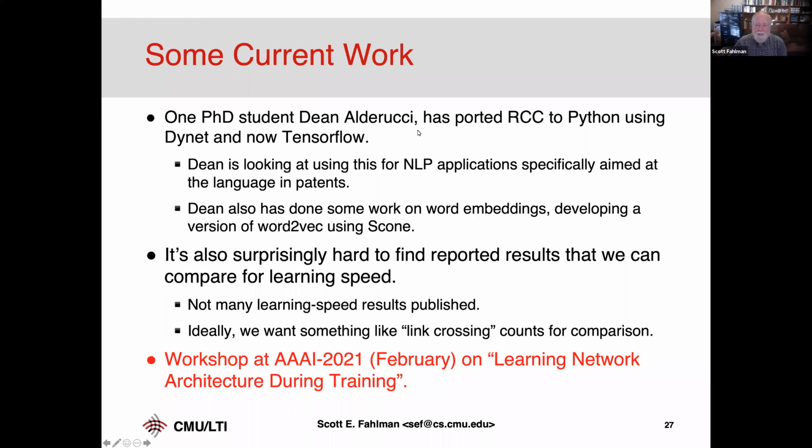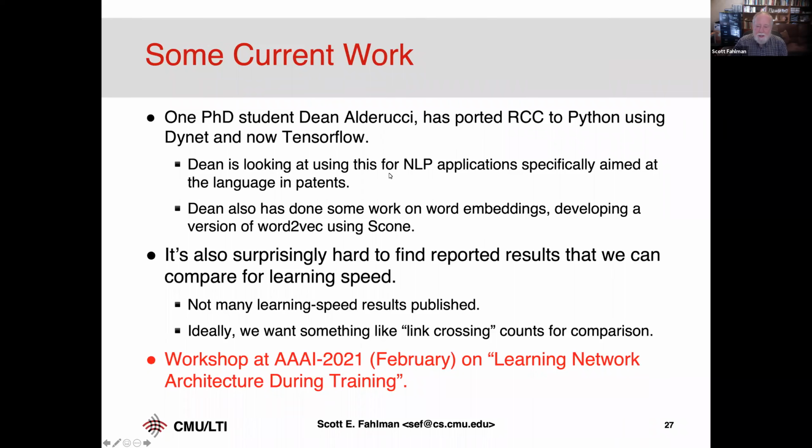I've got one PhD student, Dean Alderucci, working with me. He's ported recurrent cascade correlation to Python. He's got some code he shared with others. I don't know how eager he is to just make it available to everyone.